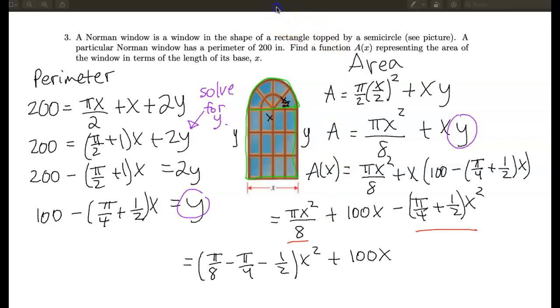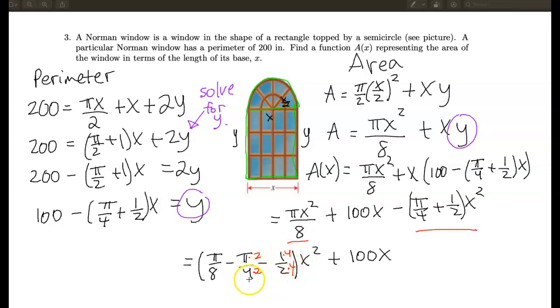I need the least common multiple for the denominators, so I can multiply this on the top and bottom by 2. So pi minus 2 pi is going to be negative pi over 8, minus 4 over 8 for the 1/2.